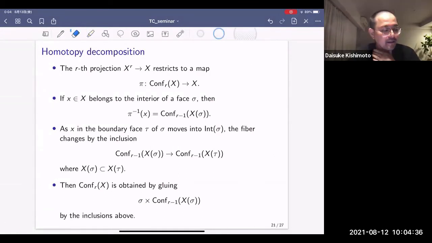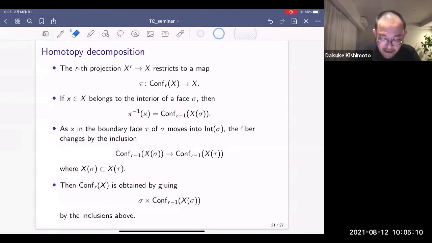As I told you, the Fadell-Neuwirth fibration doesn't behave well for non-manifolds, but if we consider the discretized configuration space, it behaves very well. Yeah, like this. Okay, so let's see the behavior.